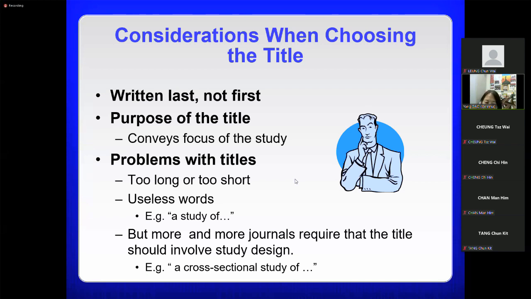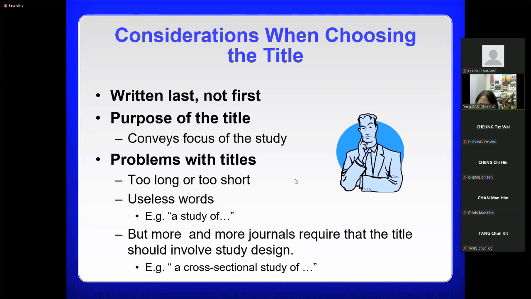For example, "A study of". Every article is a report of a study, so no useful information can be drawn from this. However, this one is useful. Between "A" and "study", there is another word, cross-sectional.